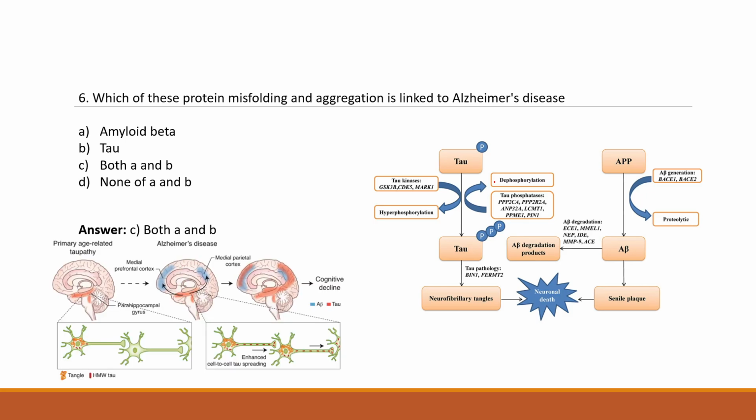So not only Alzheimer's, there are other tau-related neuronal diseases also. They are age related and are called primary age-related tauopathy. They affect different regions of your neurons. Different protein aggregations are formed. They are misfolded.